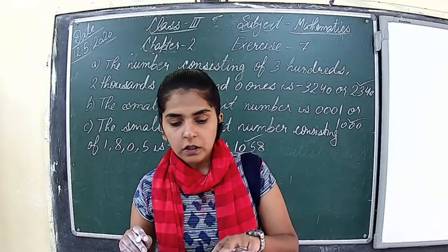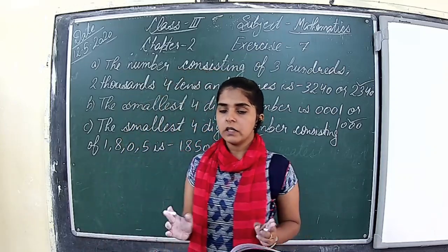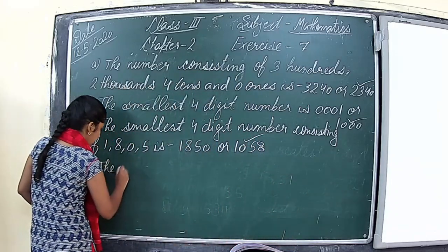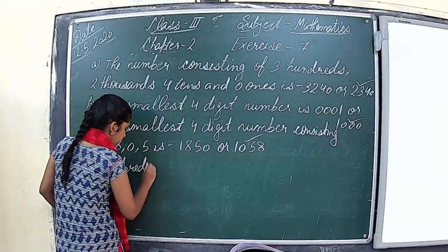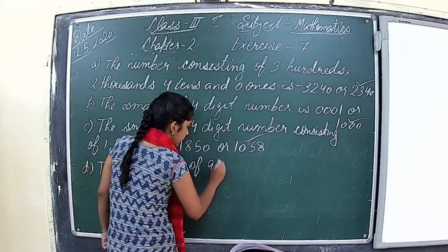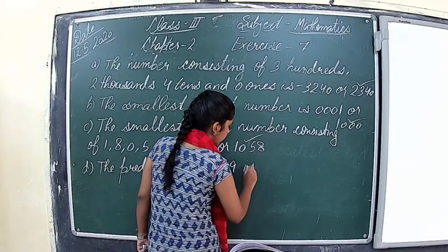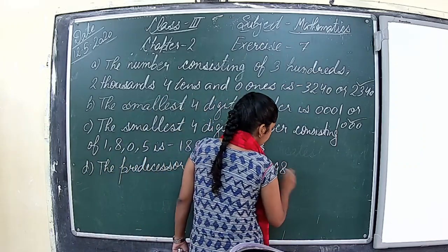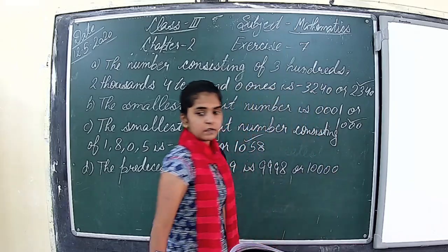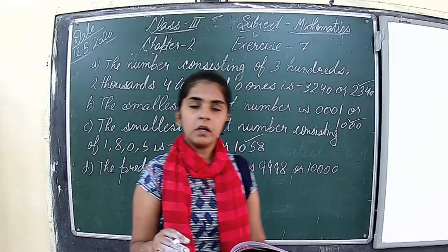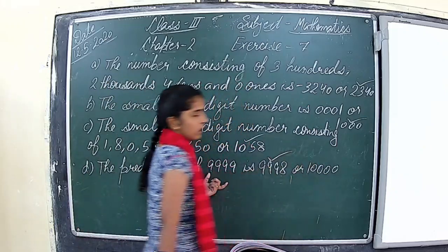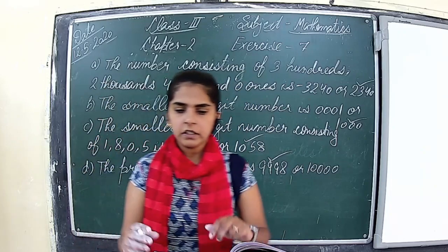Next, the predecessor of 9999 is 9998 or 10,000. Predecessor means before the number. We have to subtract 1. It means its predecessor should be 9998.